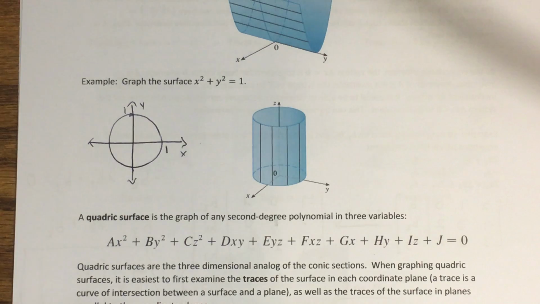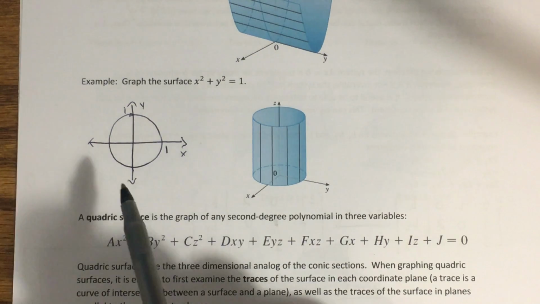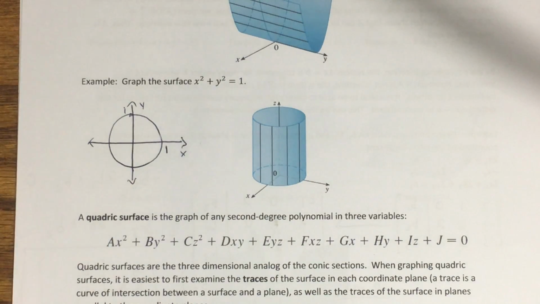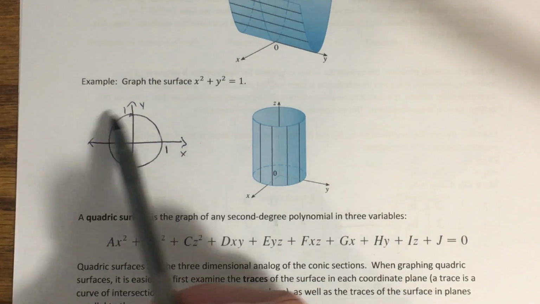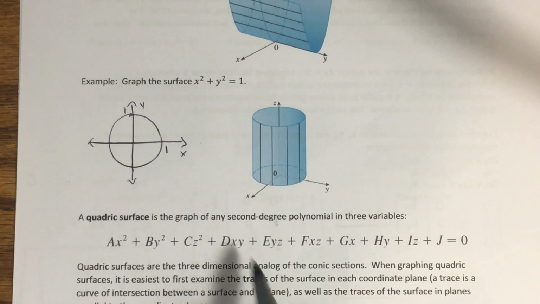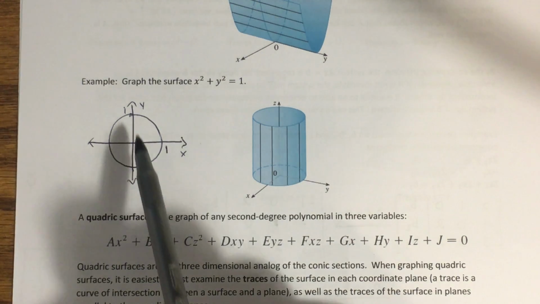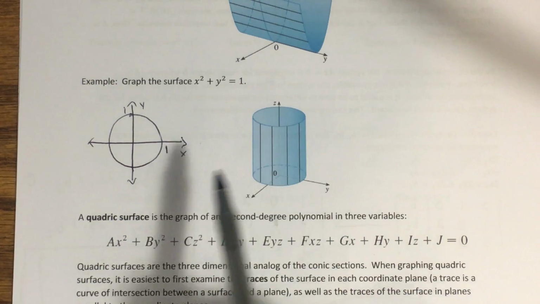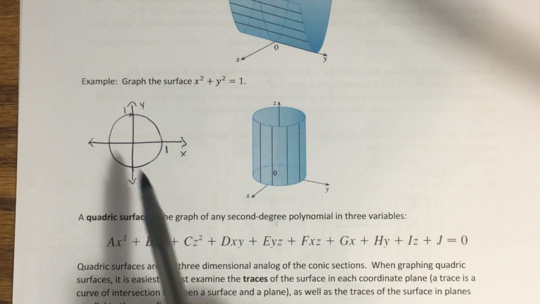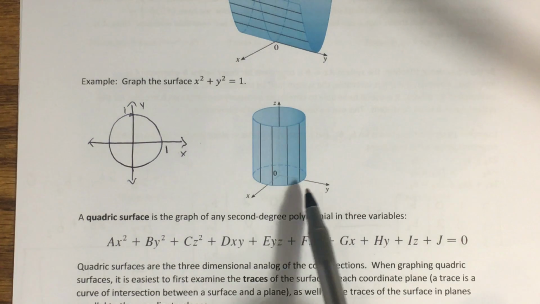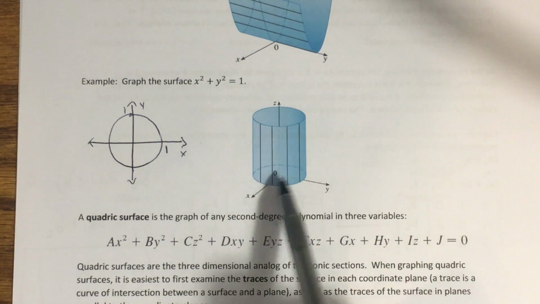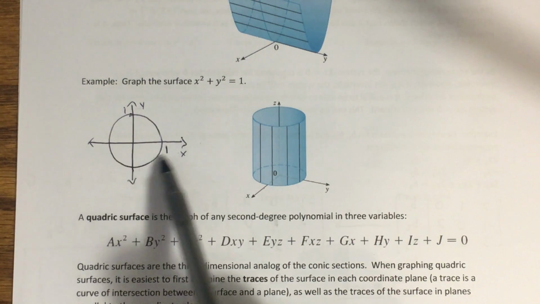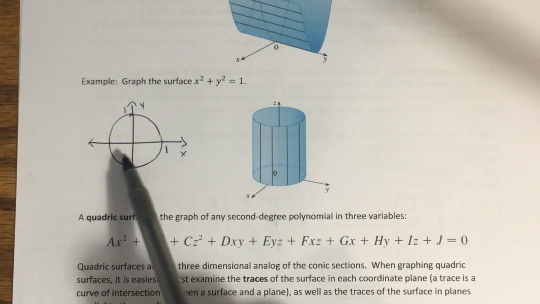And this is commonly how we deal with surfaces like cylinders, or we're going to see quadric surfaces. This is called a trace. I'm going to define that term a little bit later, just down in this paragraph down here. But basically, it's an intersection between a surface that we want to graph and some plane, in this case the xy plane. So the xy plane cuts through this circular cylinder and creates a cross-section that looks like the unit circle.